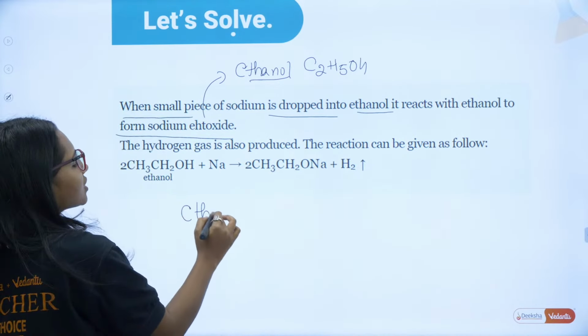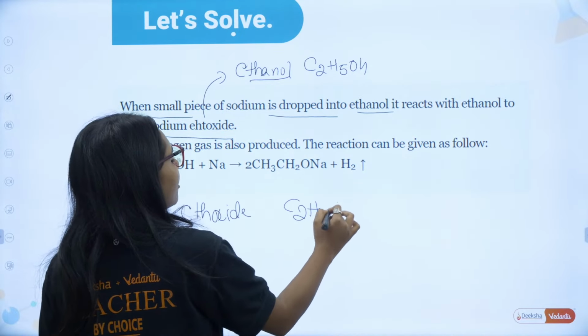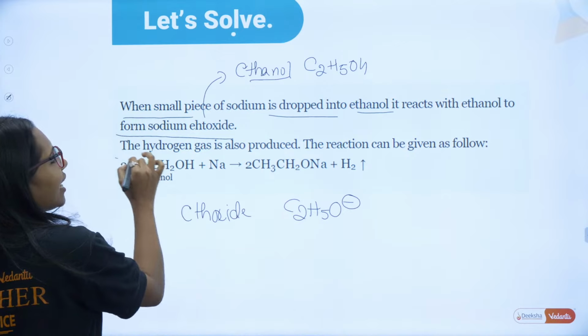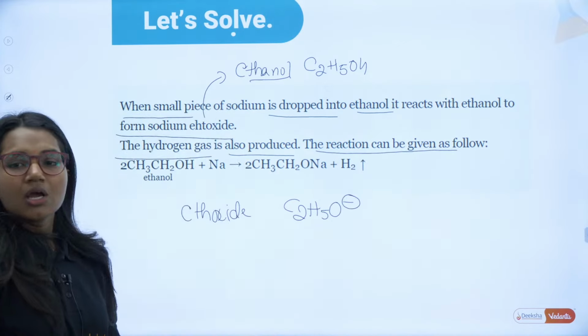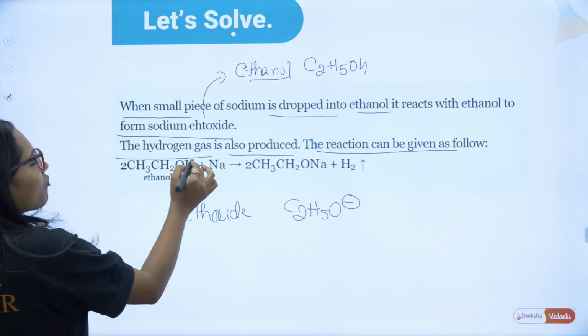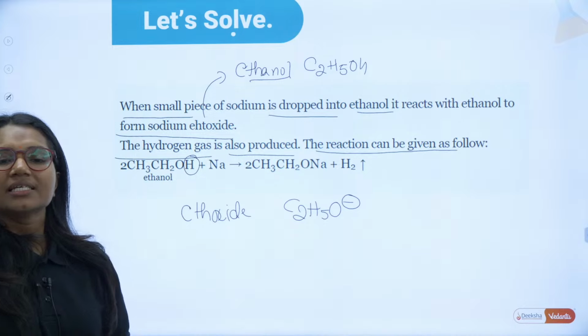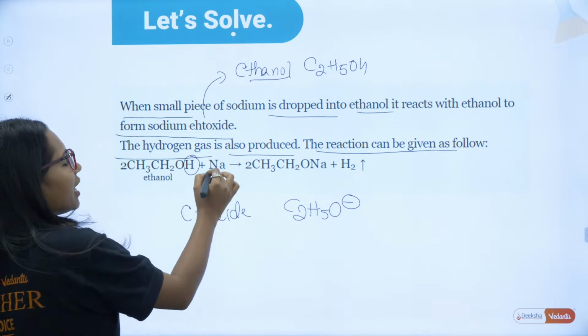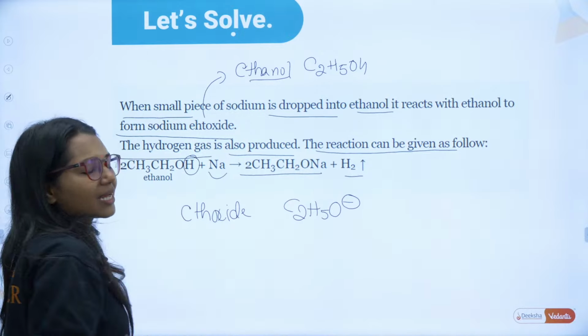Ethoxide is going to be C2H5O minus. Hydrogen gas is also produced. The reaction can be given as follows. We have taken 2 moles of CH3CH2OH plus Na, and you get sodium ethoxide plus H2 gas.